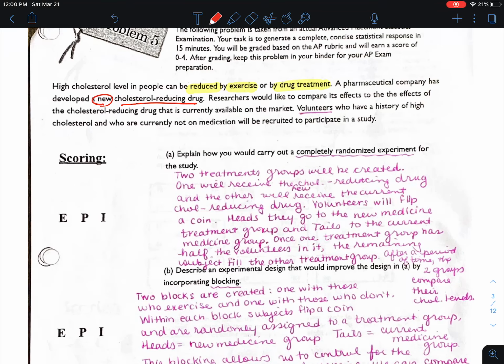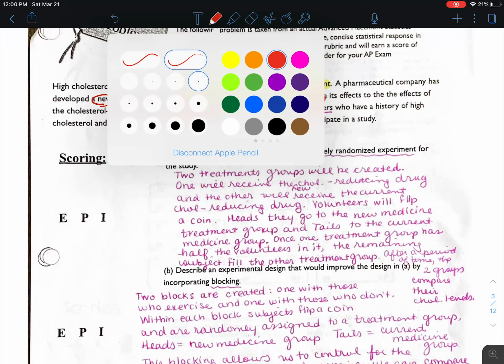Now let's read this carefully. The researchers look at what they want to compare. They're not comparing exercise. They want to compare the effects to the effects of the cholesterol reducing drug that's currently available. So our two treatment groups are the new drug compared to the current drug, or the old drug here. They had volunteers who had a history of very high cholesterol, who are currently not on medication. They were recruited for this study.